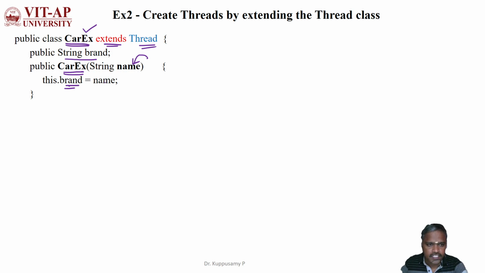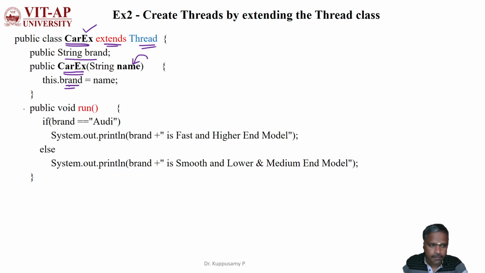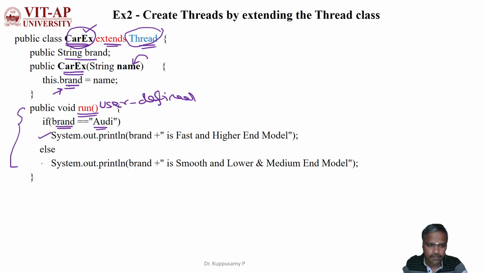Now based upon the procedure, the user-defined class CarEx has the user-defined run method to override the method which is available inside the parent class Thread. It has an if statement which accesses the brand name from this constructor. It compares, and if it is equal, then the true block will execute. If it is false, it will execute the false block.